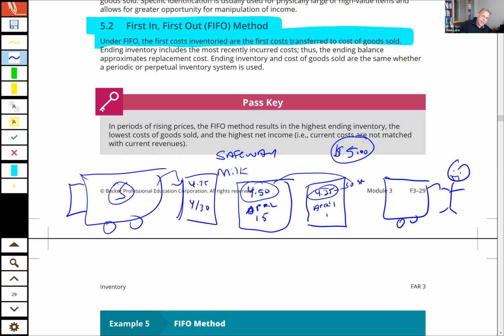Okay. GAAP says the company can choose the cost flow assumption they want, regardless of how their inventory actually moves. Okay. So you can go ahead and jump in the Safeway truck and take the deliveries from May away from the guy. Doesn't matter. We will assume under cost flow assumption that you're going to take these 425 ones.